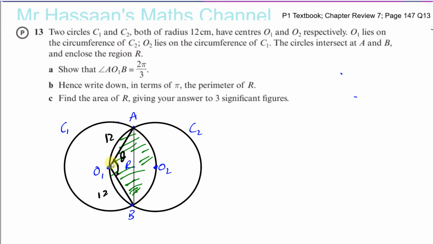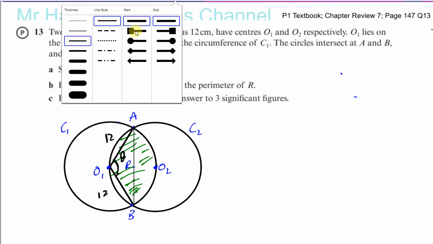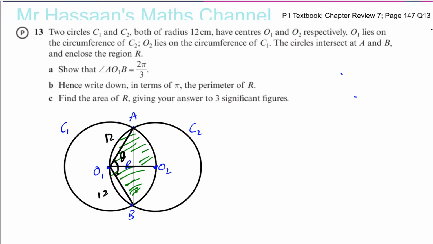So now 12 and 12 and R. What I also know is something else I can do. If I join O1 and O2 together, this is the key for this question. Sometimes you need to just sit back and think a bit. If I join O1 and O2 together, I know that that length is 12 centimeters, because it's from the center of the circle to its circumference.